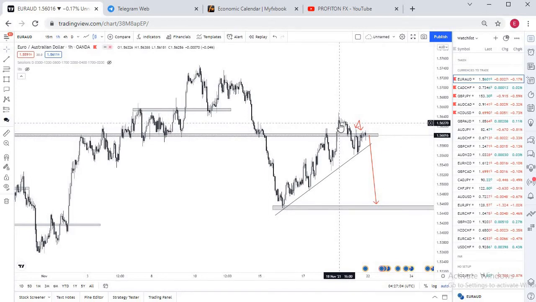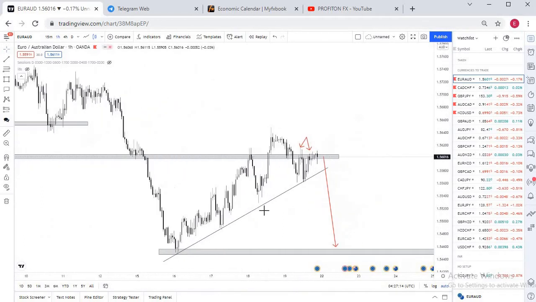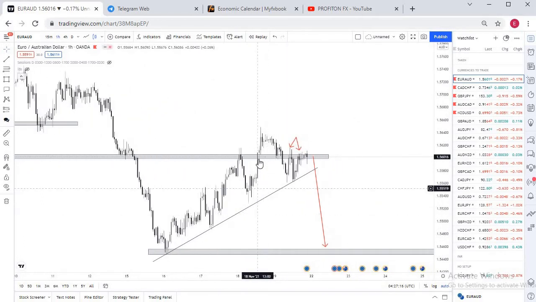I did mention that it may be, or most likely was, a fake out, though we saw price hold a little bit above this level. Then as price was coming to retest this level to possibly make a new higher high, we saw price react to this level at first, after which we saw price break back below this level.